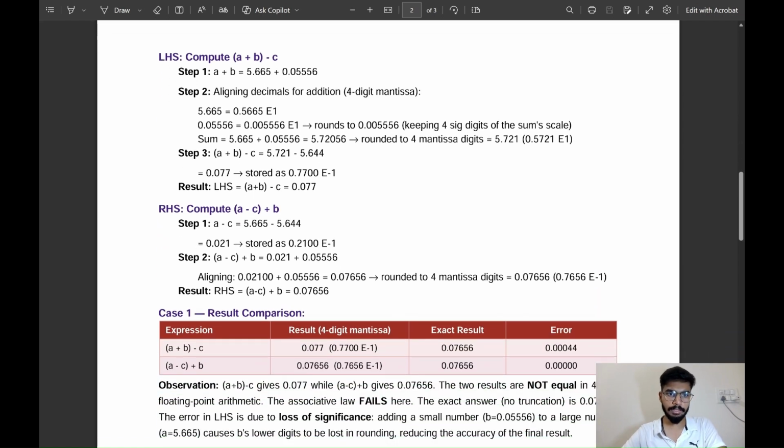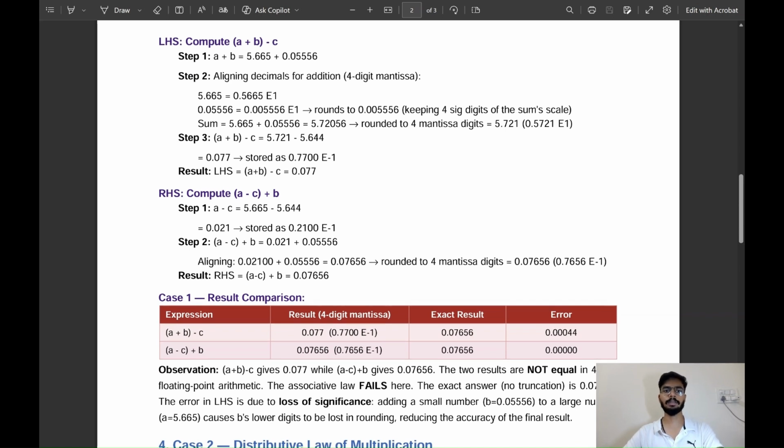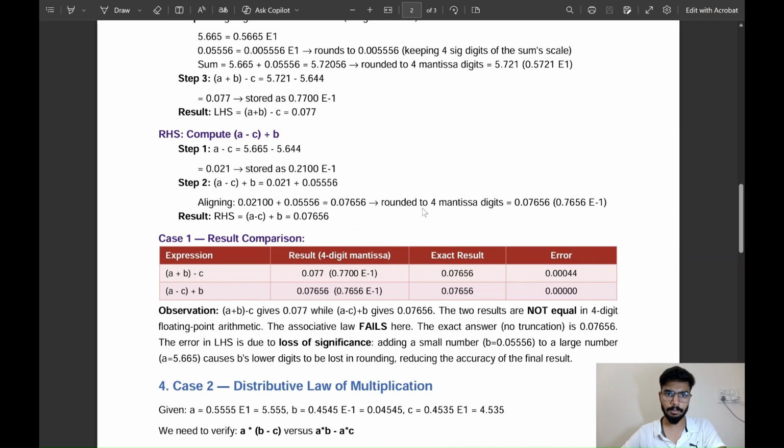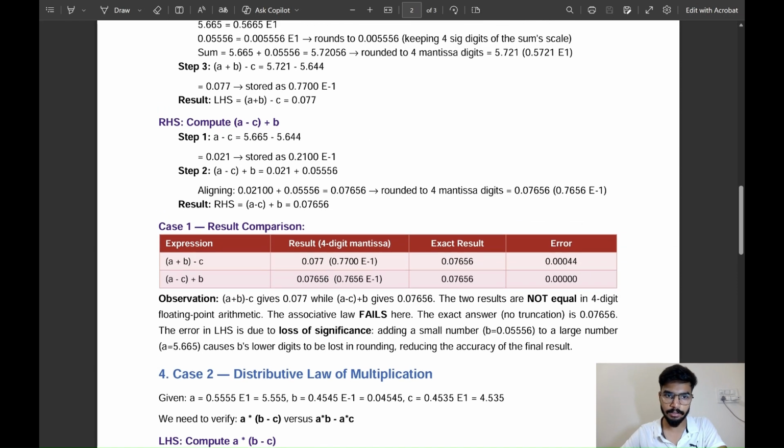Now we will see our RHS part, computing a minus c plus b. We do first a minus c, and then we add b. Our final result of RHS will be 0.07656. Great, this is our LHS and RHS.